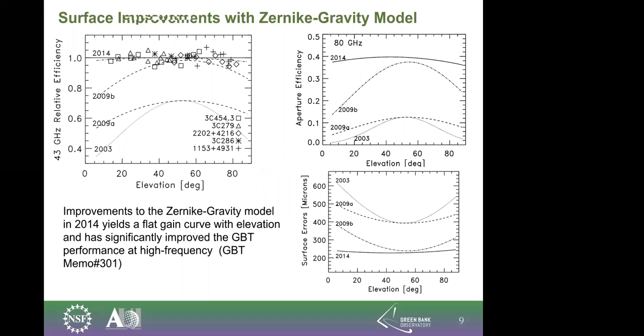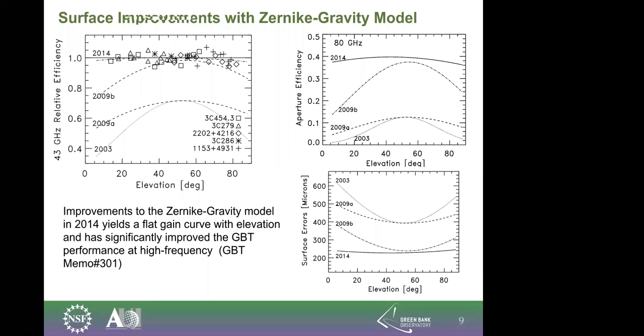Improvements to the Zernike gravity model in 2014 resulted in a flat gain curve with elevation and significantly improved the GBT performance at high frequency. If you're interested in some of the changes since 2014, please see memo number 301.